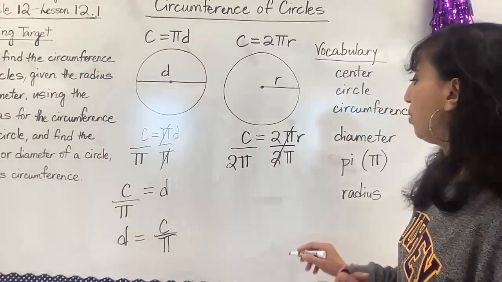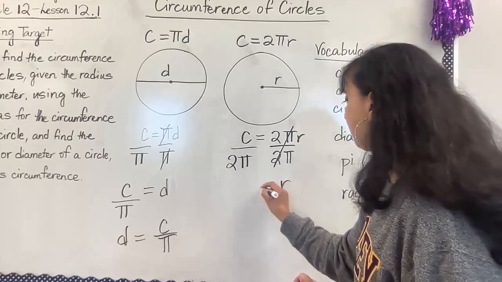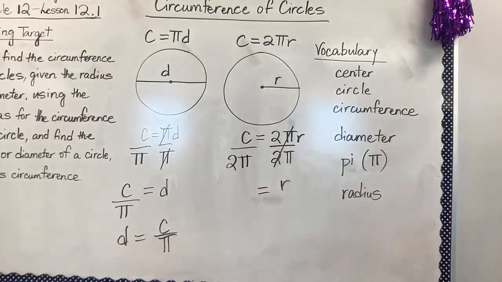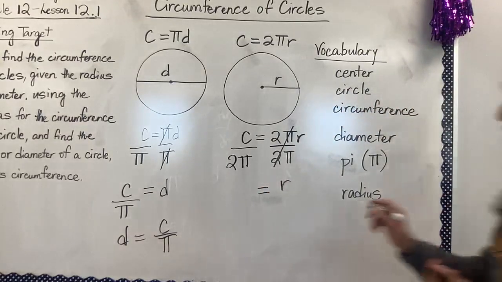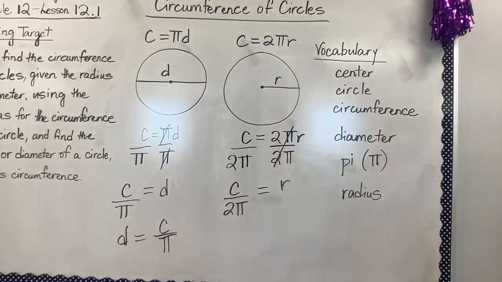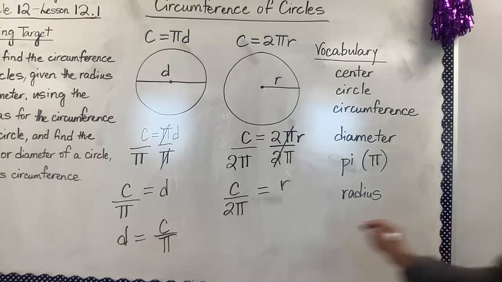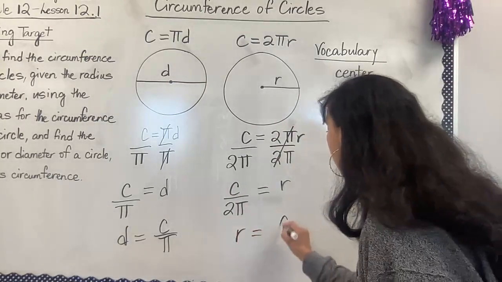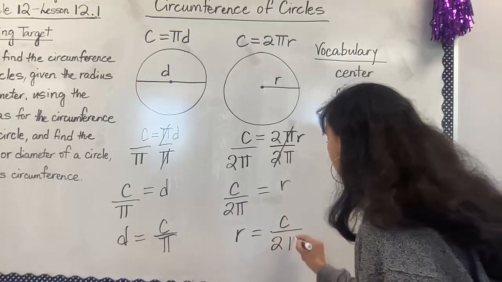And this becomes 1. So my radius is going to equal circumference divided by 2 pi. Okay, and so I can also write it as r is equal to circumference divided by 2 pi.